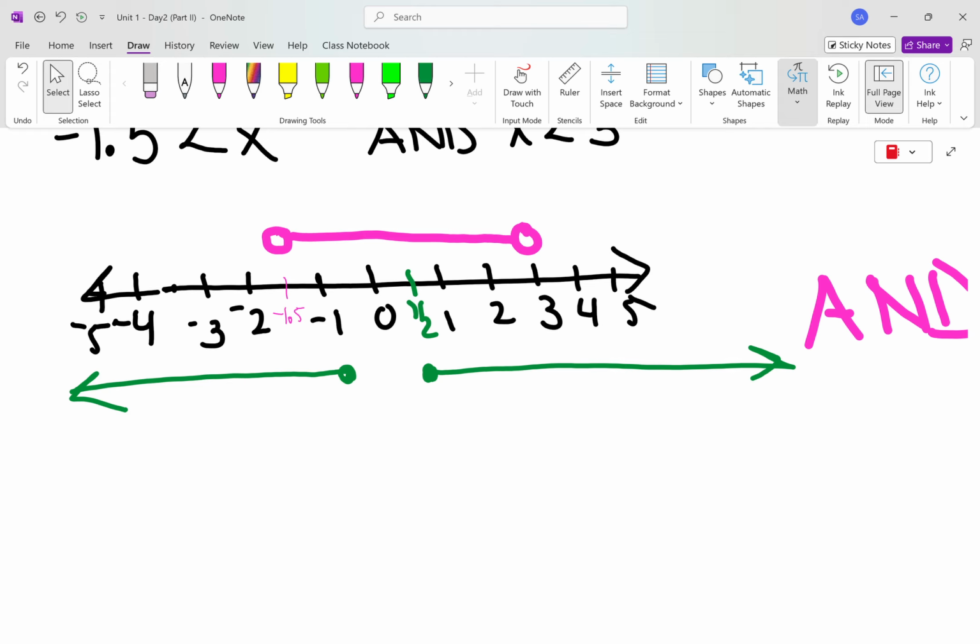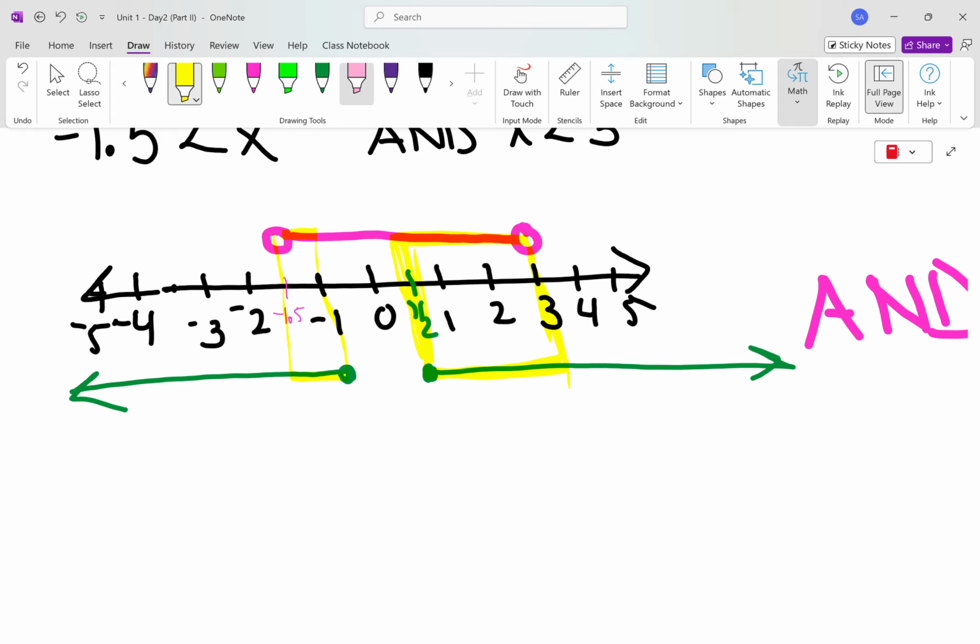They're overlapping between x is less than negative 1 and greater than negative 1.5, and x is less than 3 and greater than or equal to 1. Perfect. So right here. So it looks like we're overlapping from a half all the way to 3.